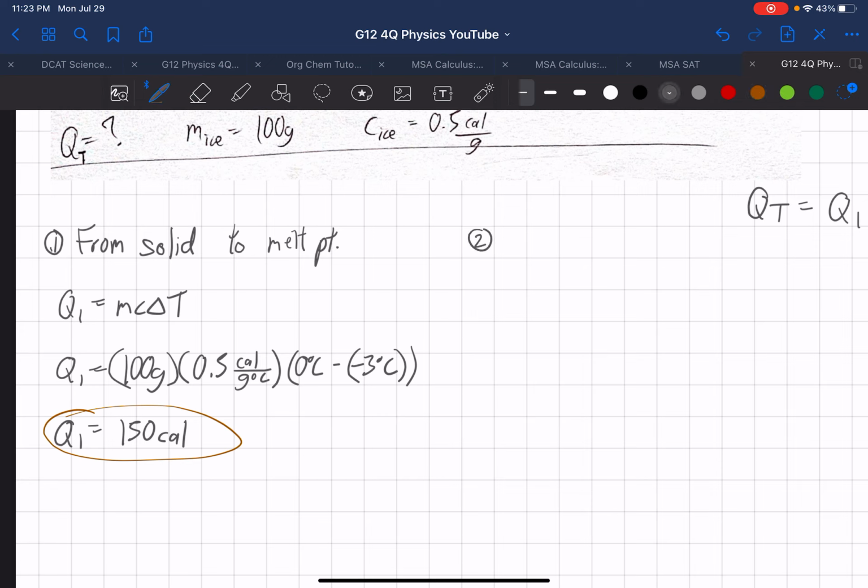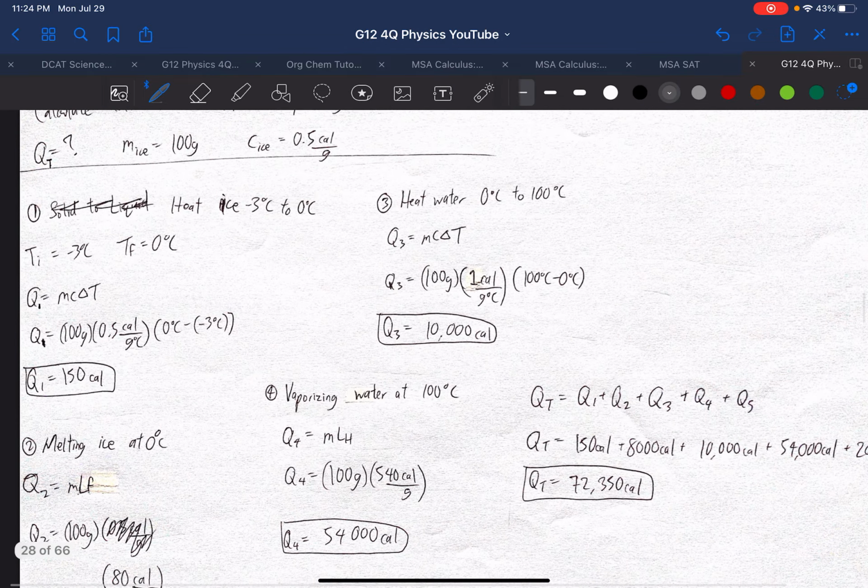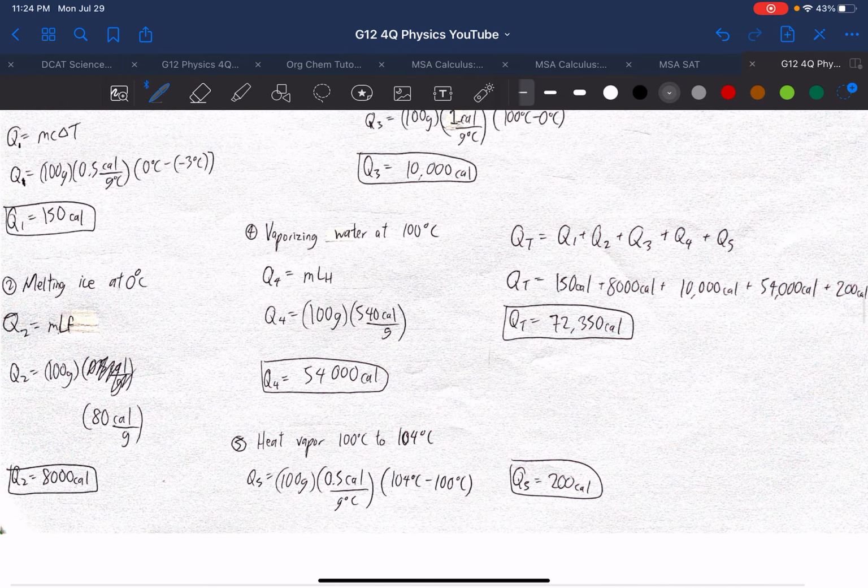Number 2. This is from melting point to liquid. So technically, we still have the same mass, 100 grams. What is the specific heat of... I guess it's already a liquid now, is it? What's number 2? Oh, wait.